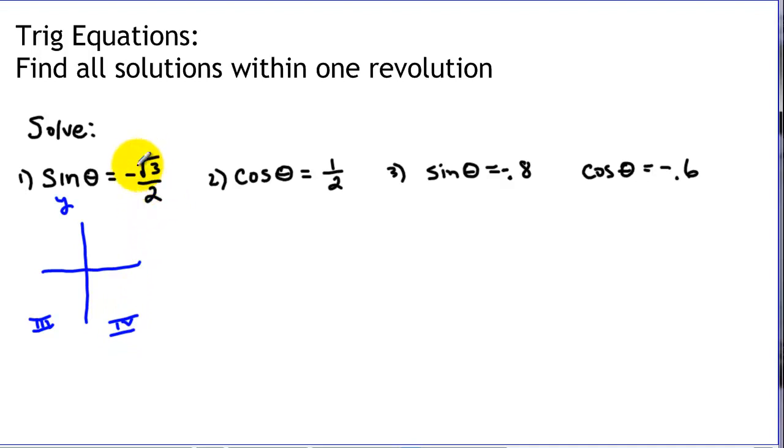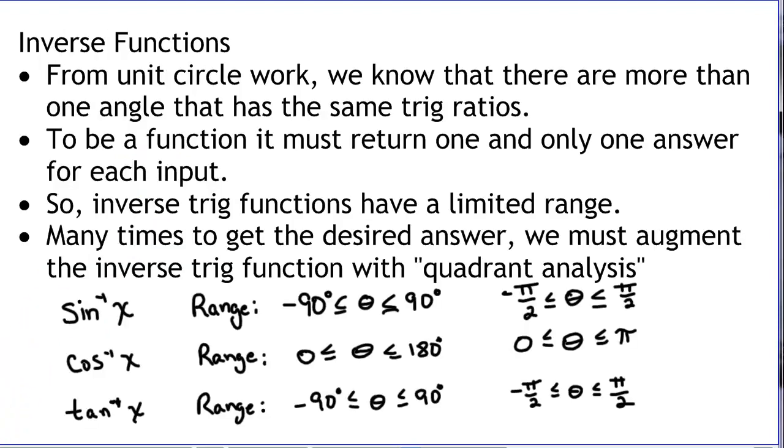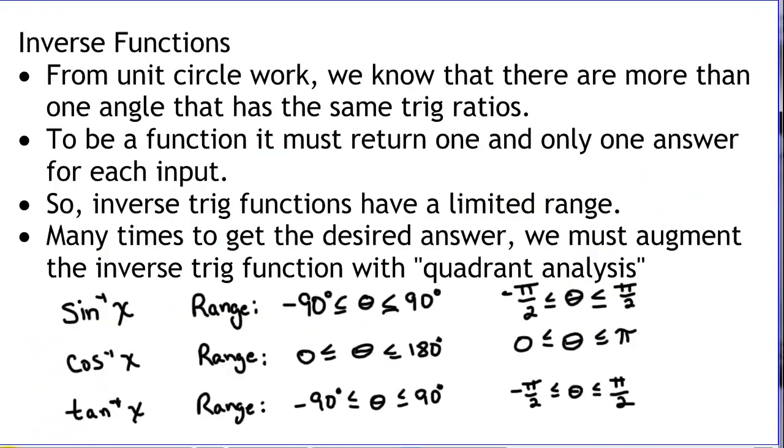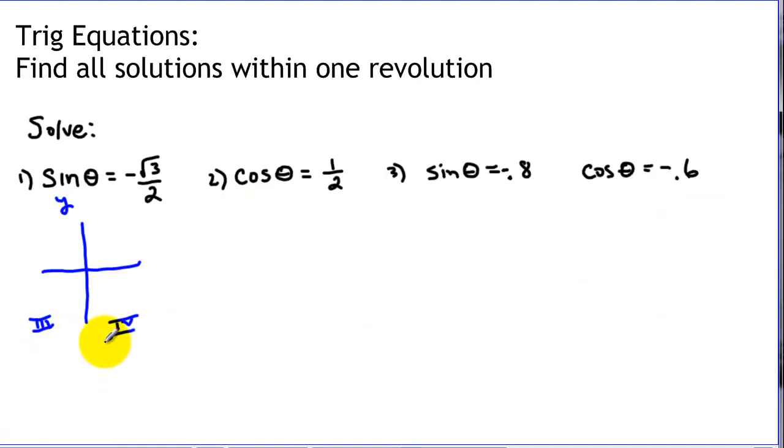And we want the value of the sine, the reference angle, is going to be positive square root of 3 over 2. So if we go back to our special table here and look at sine value, radical 3 over 2, if we do a backwards table lookup, that tells us our angle, let's do it in degrees, is 60 degrees. So we know from our exact values that our reference angle is 60 degrees.